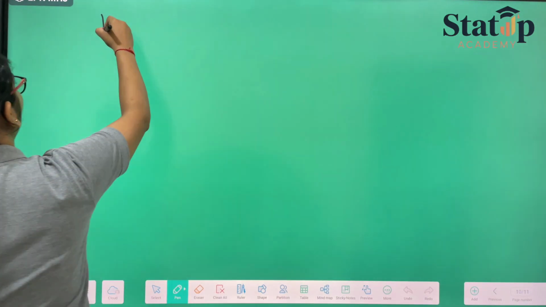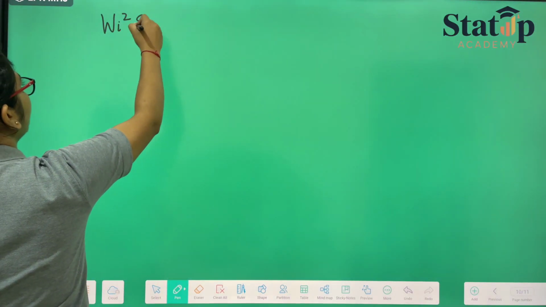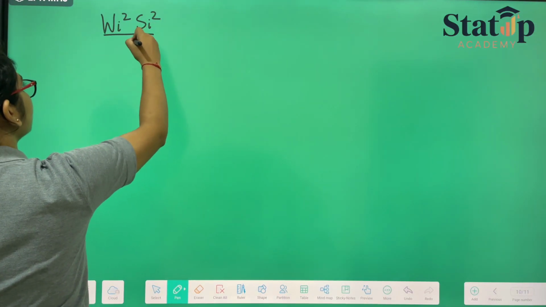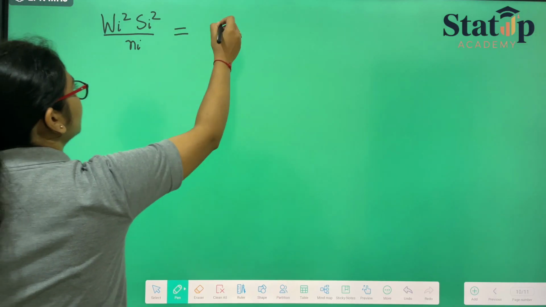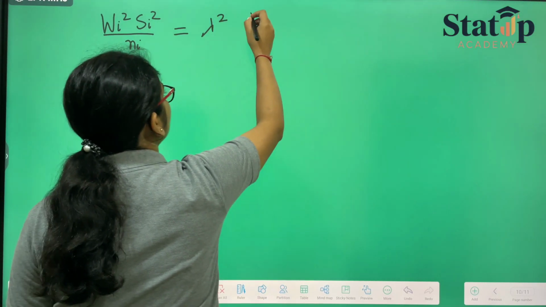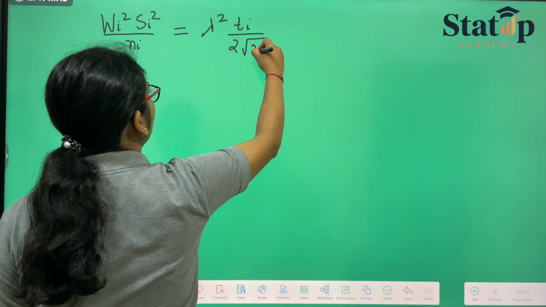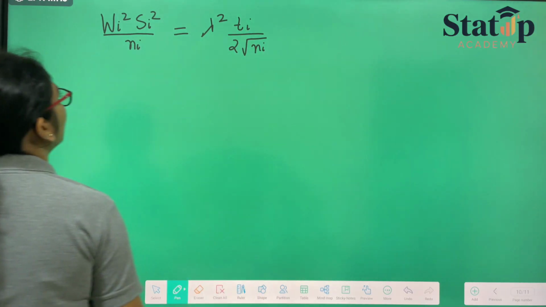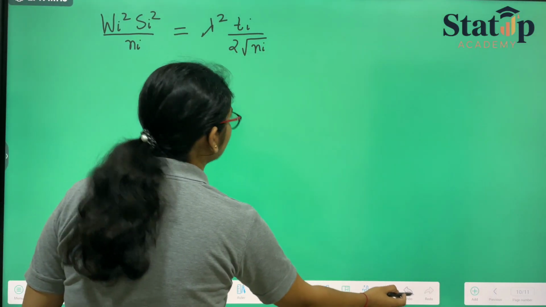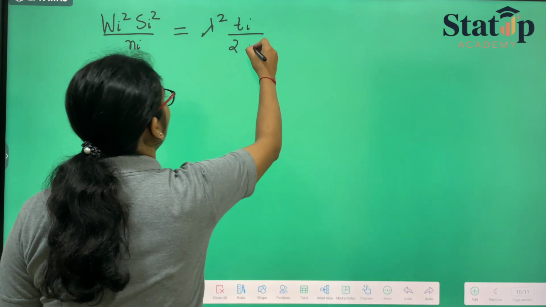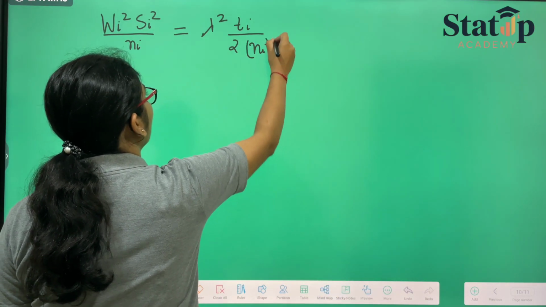So we will get what? Wi square Si square upon small ni is equal to lambda square Ti upon 2 under root ni. Now this can be written as ni raised to the power half.